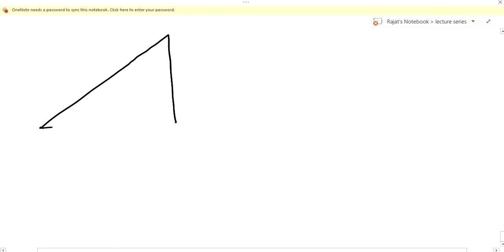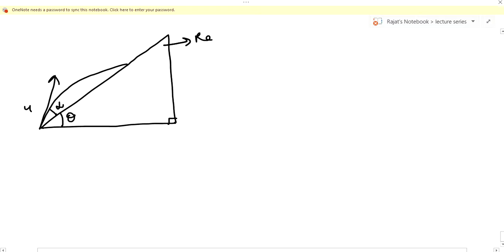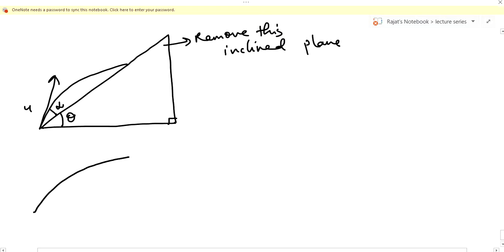So this is the inclined plane, this is the projectile. Just for a moment, remove this plank, remove this inclined plane, whatever it is. Just imagine, the moment you remove this, it will appear like this.